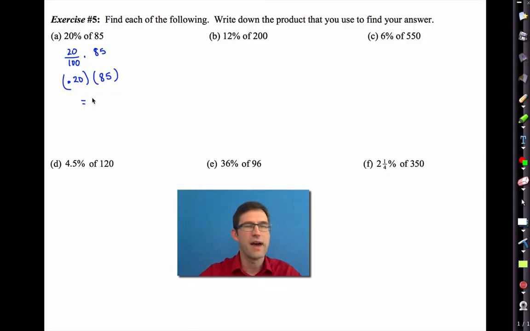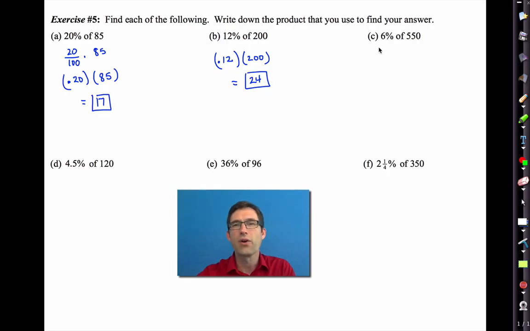All right, and that ends up being 17. 17 is 20% of 85. 12% of 200. Again, I'm going to jump right to this. 0.12 times 200. And that's going to be 24.